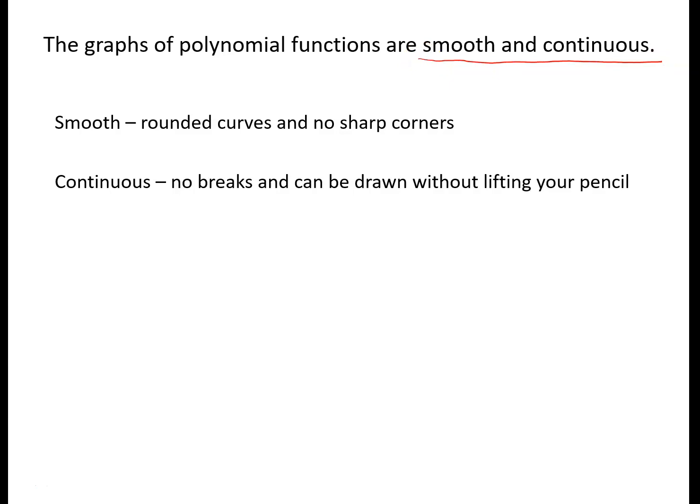Smooth means anytime it curves, it's a rounded curve. It has no sharp corners. If it goes from increasing to decreasing or vice versa, it will have a rounded curve. And continuous means it will have no breaks. It can be drawn without lifting your pencil. The whole graph, you can draw it without lifting your pencil.